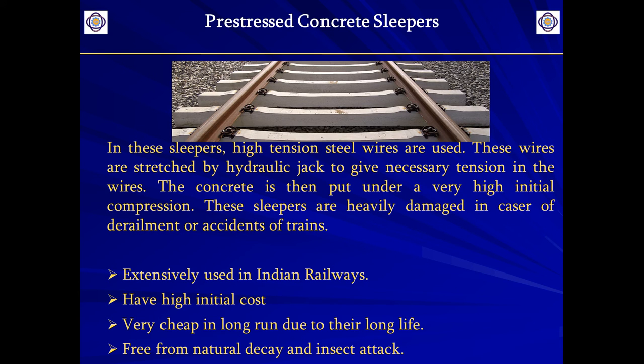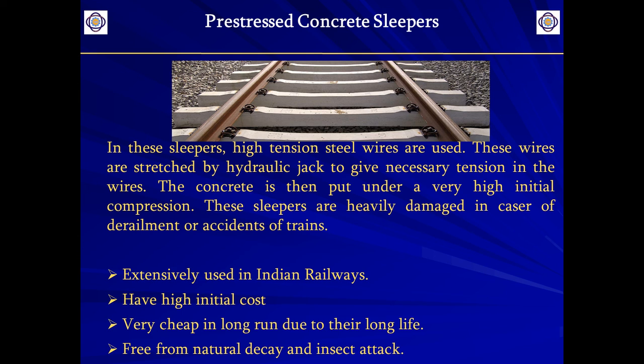We now see the pre-stressed concrete sleepers. The name suggests that it is made using pre-stressing technology. In these sleepers, high tensile steel wires are used. These wires are stretched by hydraulic jack to give the necessary tension in the wires.